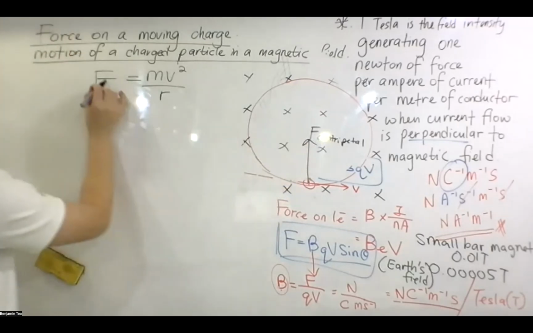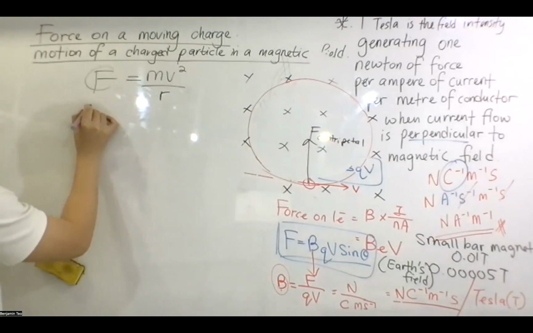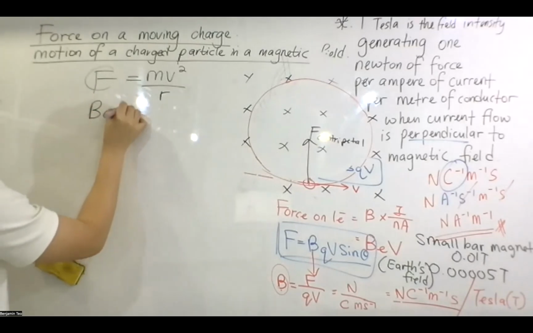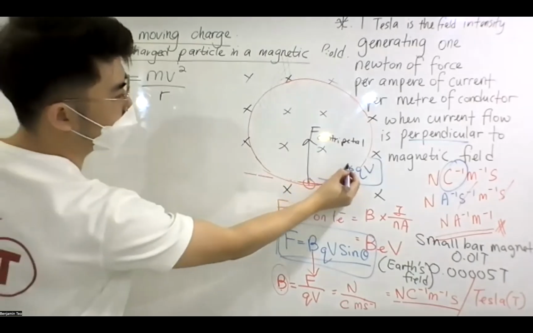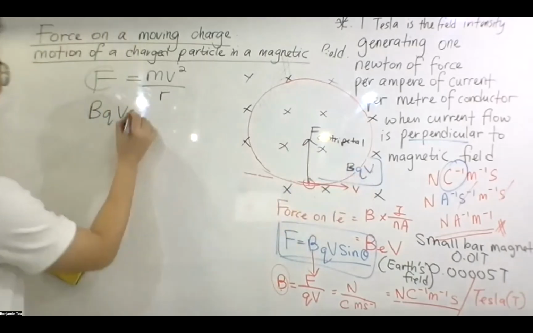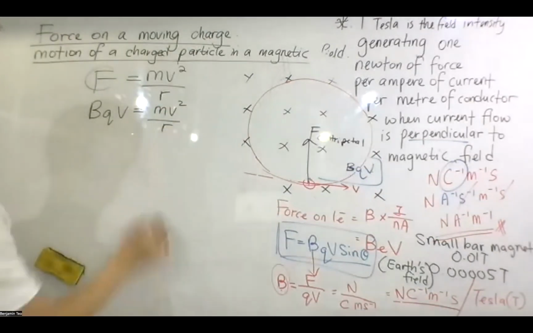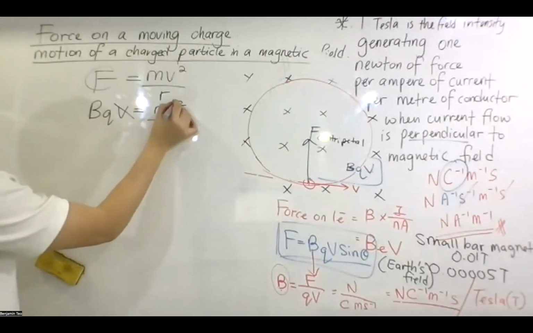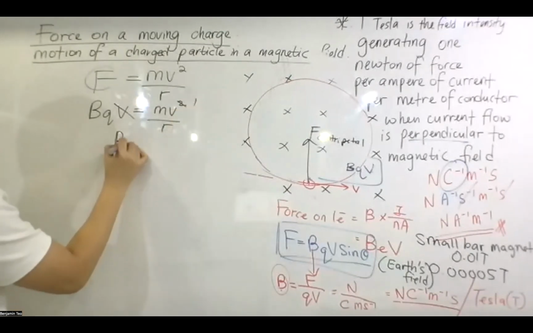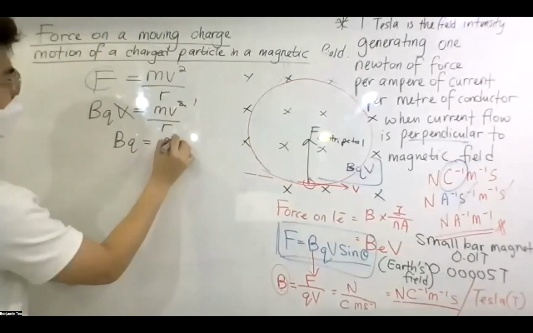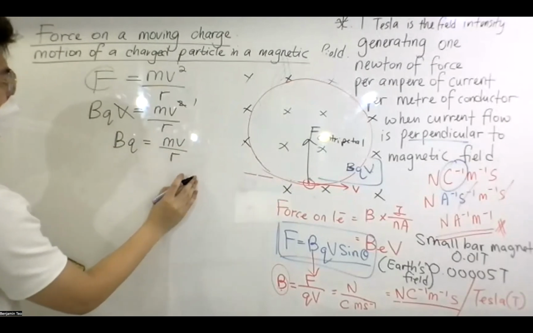Now, mv squared over r, centripetal force, is the magnetic force, right? So you put the magnetic force inside. What is magnetic force? BQV. Cancel, become 1. BQ equals mv over r.